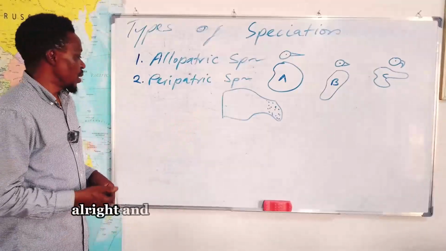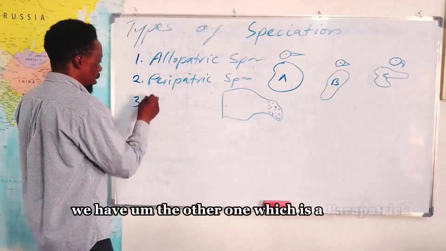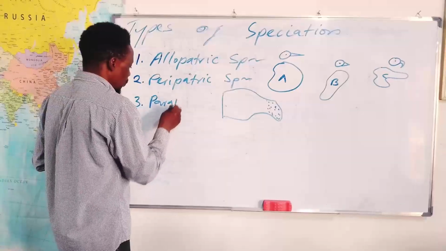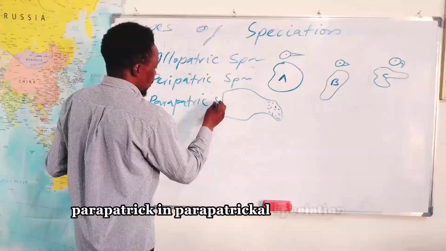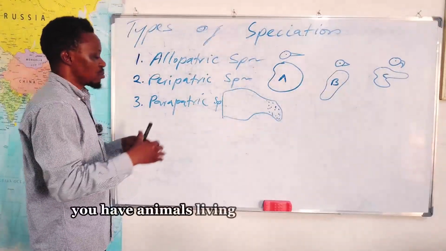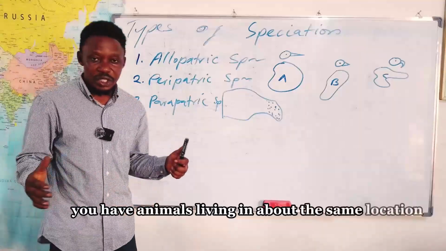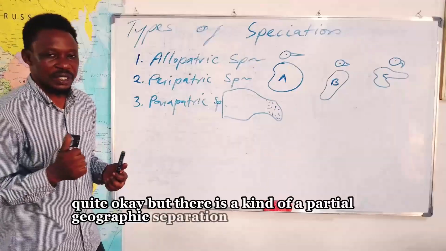All right. And then we have the other one, which is parapatric. In parapatric speciation, you have animals living in about the same location, but there's a kind of partial geographic separation.